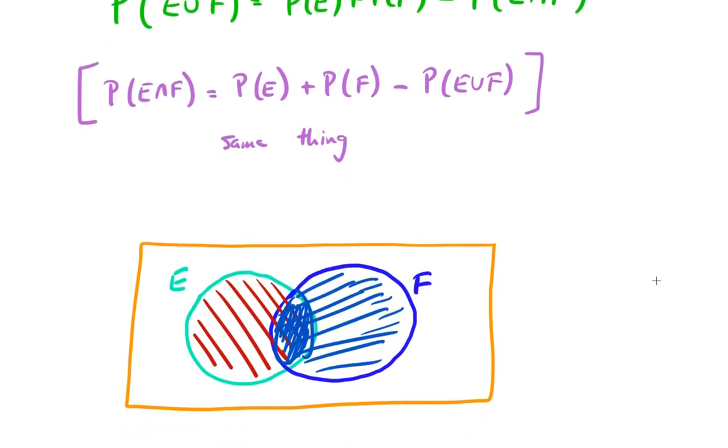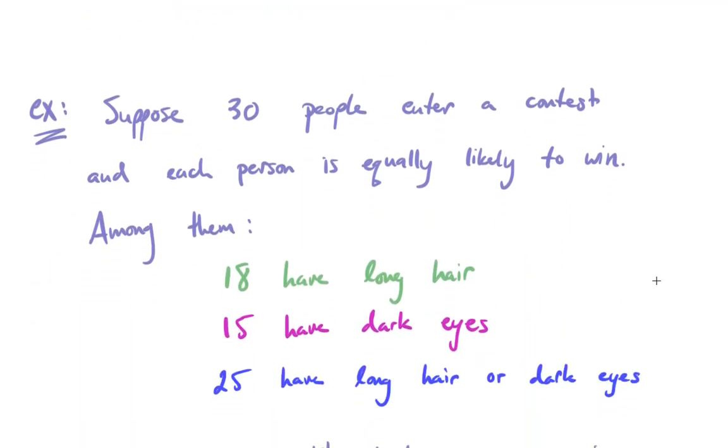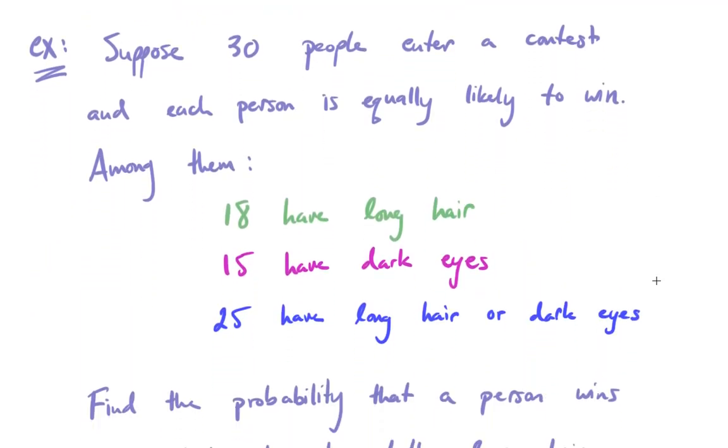Okay, so let's think about an example where we use the inclusion-exclusion principle. Most of these problems are word problems, so it's kind of wordy, but suppose 30 people enter a contest and each person is equally likely to win. Maybe it's like a random drawing. Of the 30 people, 18 have long hair, 15 have dark eyes, and 25 have long hair or dark eyes.